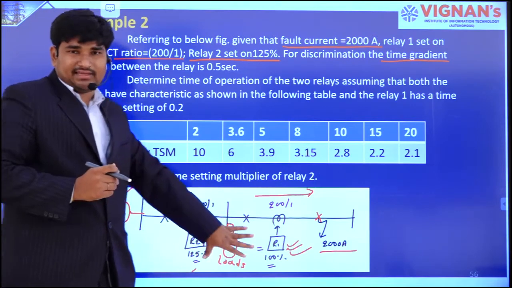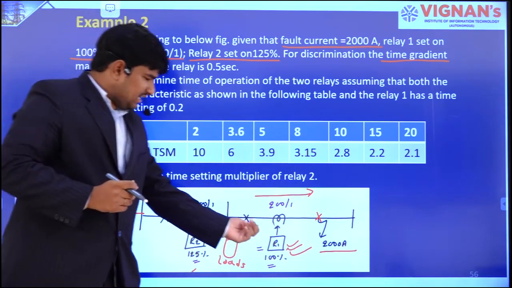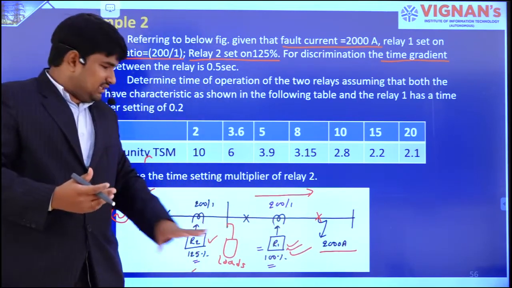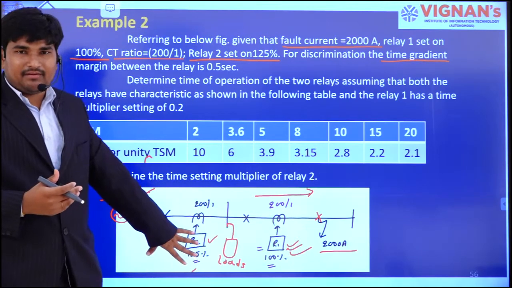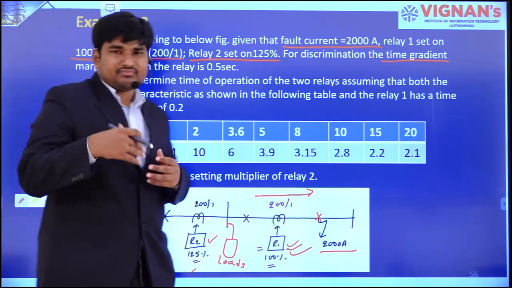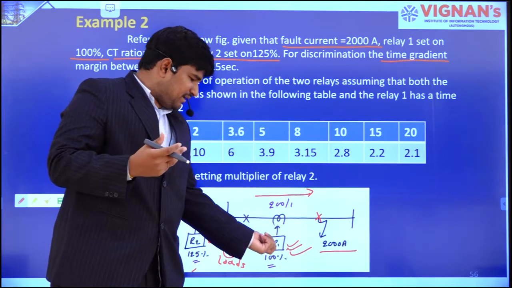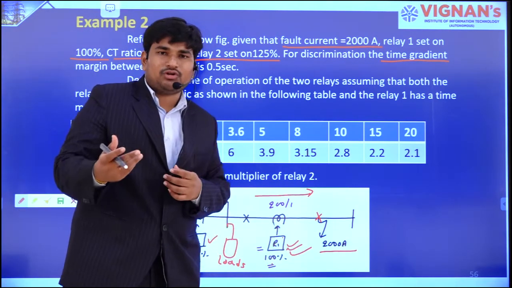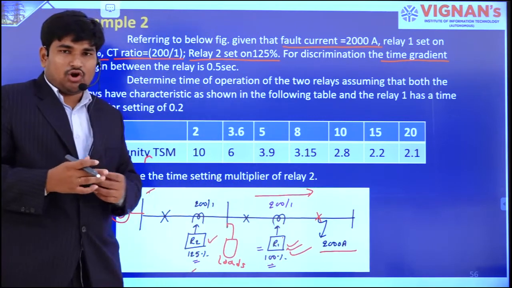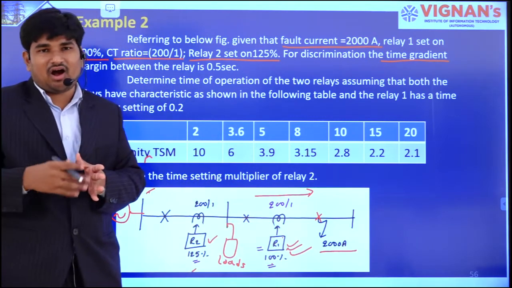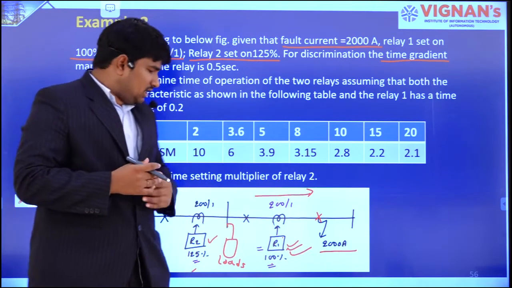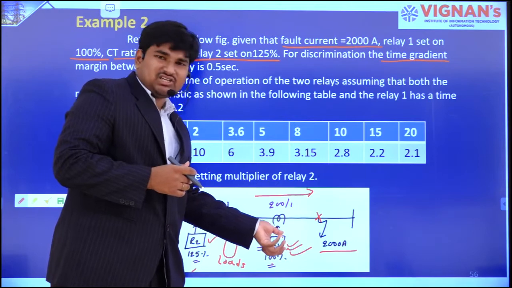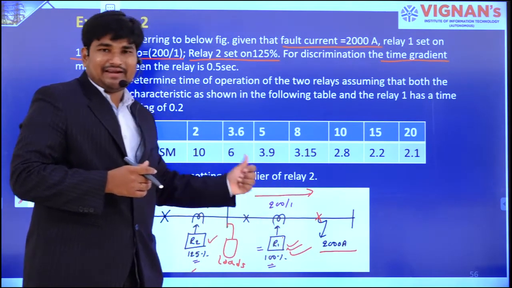Now this is the case if the relay operates in perfect condition. But because of some mechanical problem, relay 1 is not able to operate. That means the relay is stuck, or we can call it maloperation, right? Because of this maloperation the relay is not working.